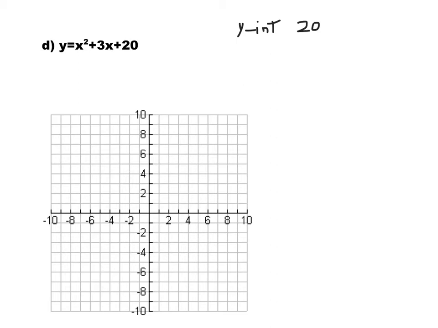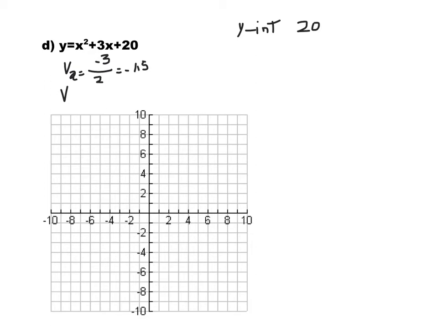The second thing I have to do is find the coordinate of the vertex. I know that v sub x, the x-coordinate of the vertex, is equal to minus b, negative 3, over 2a, which is 2, which is negative 1.5.